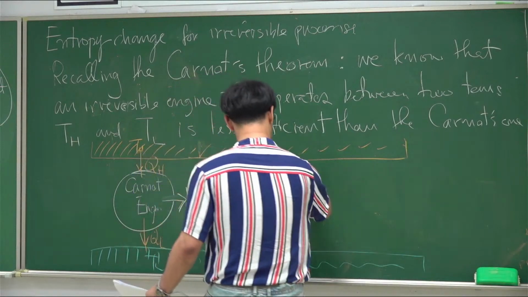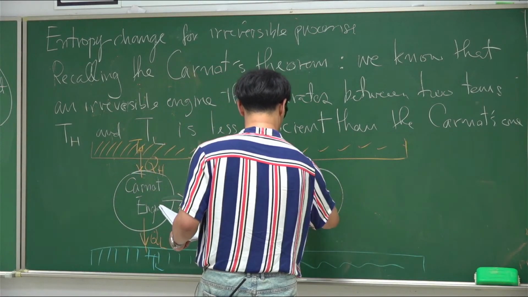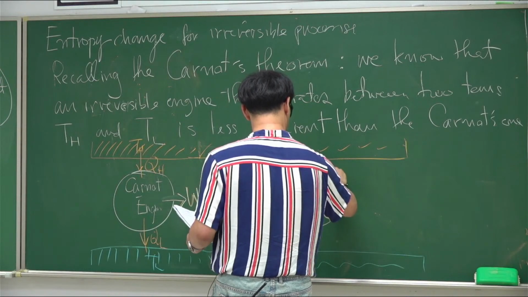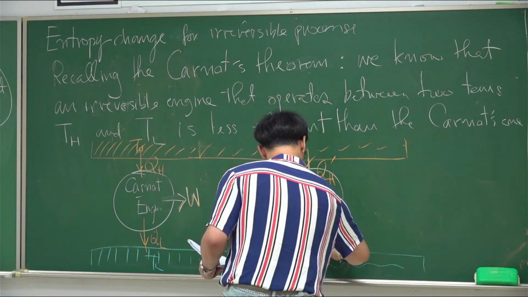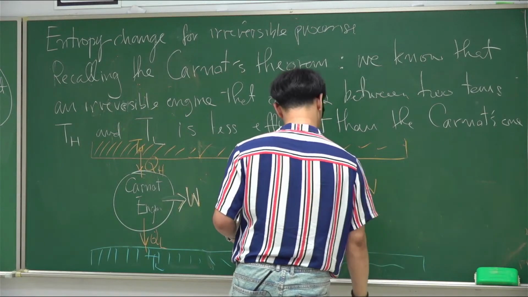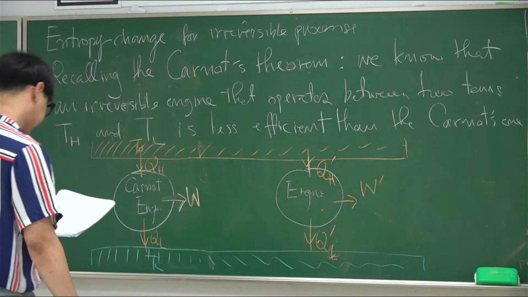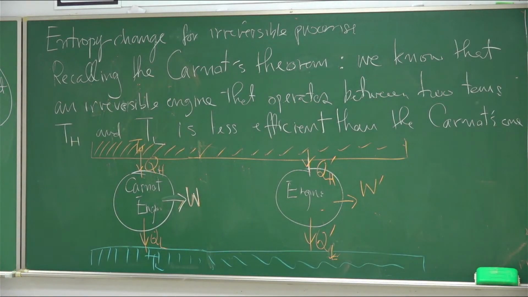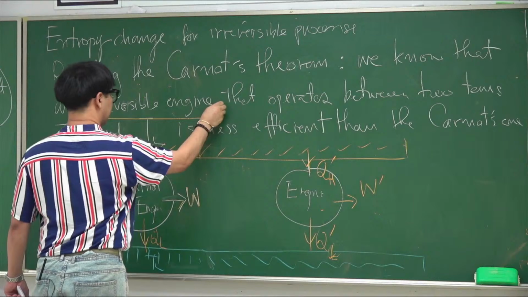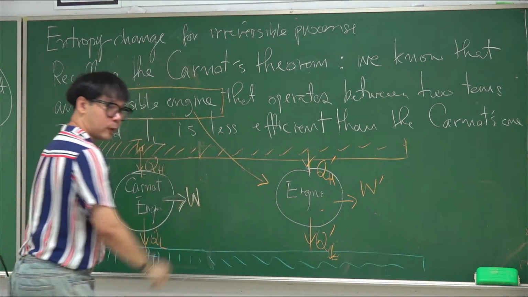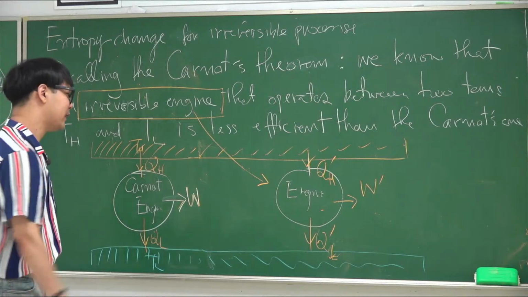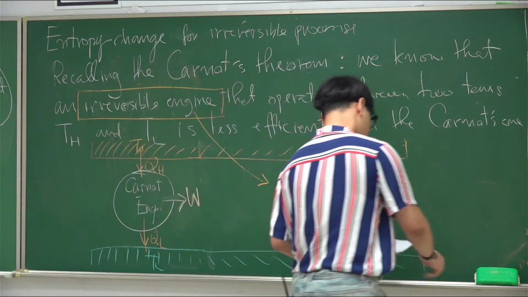Okay, and then this is the engine with Q. Okay, this one. I mean, this is a reversible engine, the Carnot one, which is the very ideal one, the most efficient.